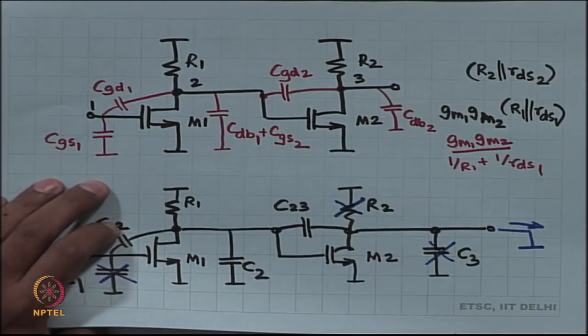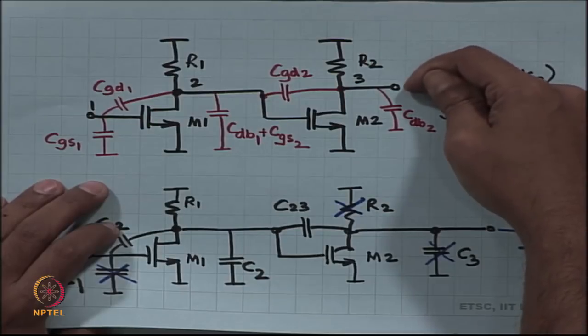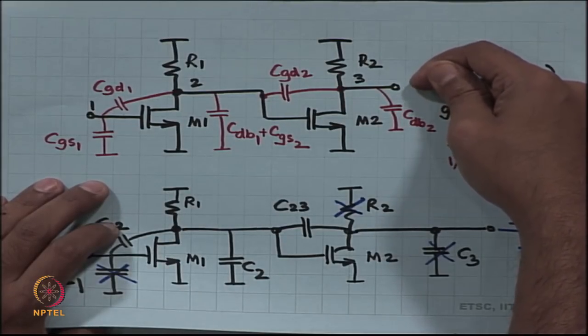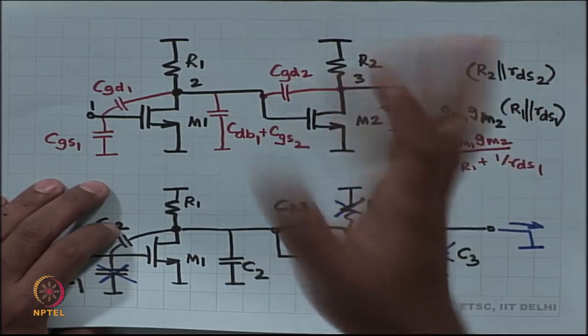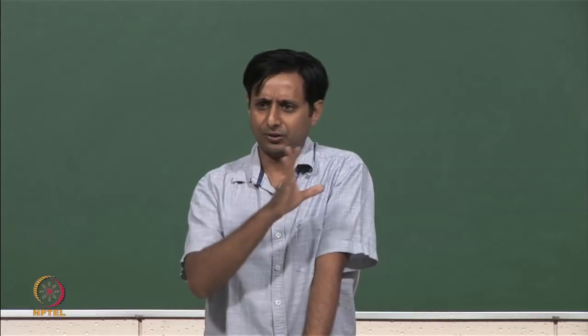Keep these two aside. Then I am going to apply voltage here and measure the current going in to this particular node itself to measure the output impedance. But here I am not going to worry about the zeros, I am only going to look at the poles.